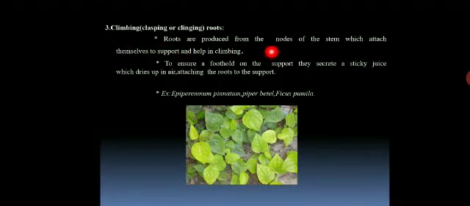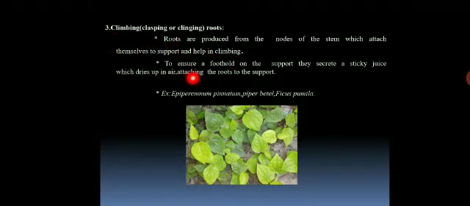Normally roots are produced from the nodes of the stem. Here there is a node, and the node develops the root portion. Then only it comes under the climbing root. They attach themselves to a support and help in climbing with other plants. Then only it is called a climbing root.